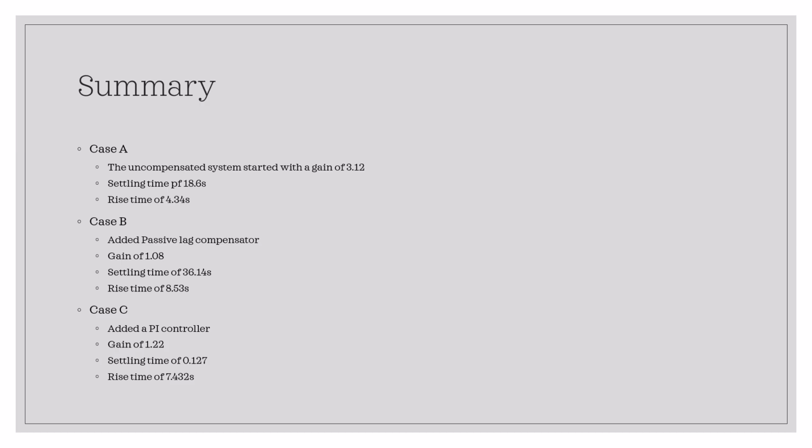In case C, we wanted to show how the error went to 0 and was completely eliminated by adding a PI controller. It added a pole near the origin to increase the system type, as it's a proportional integral controller, getting rid of error completely.